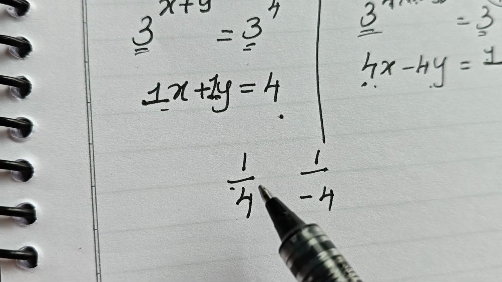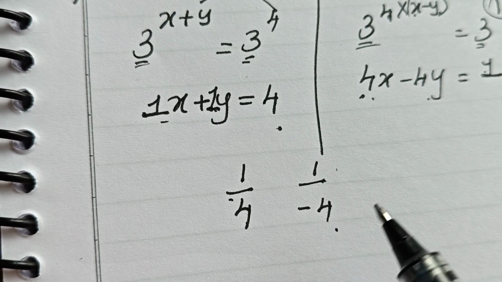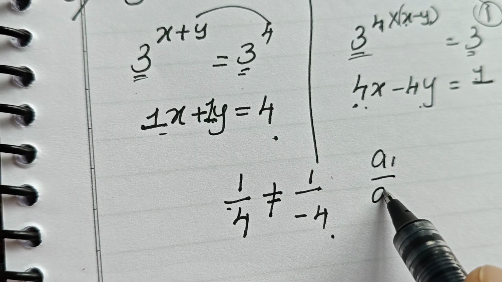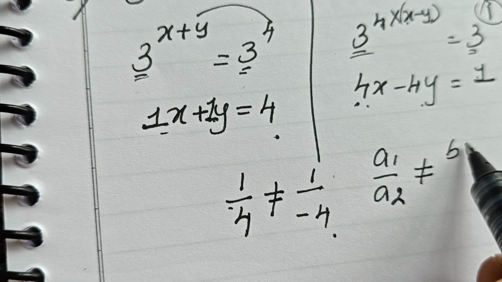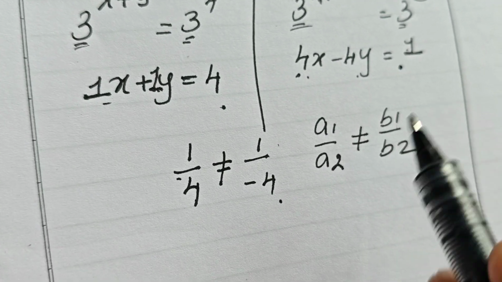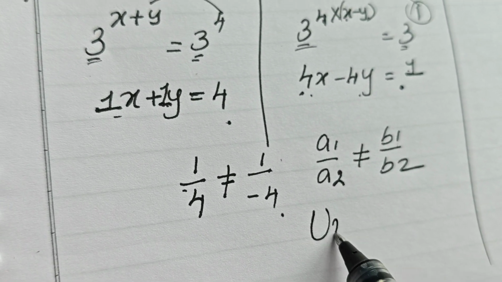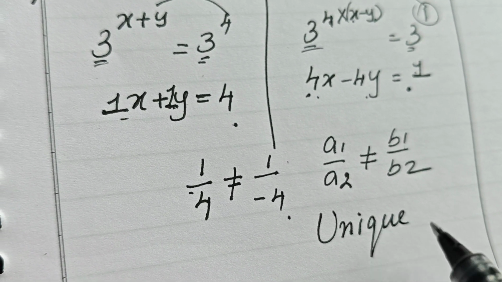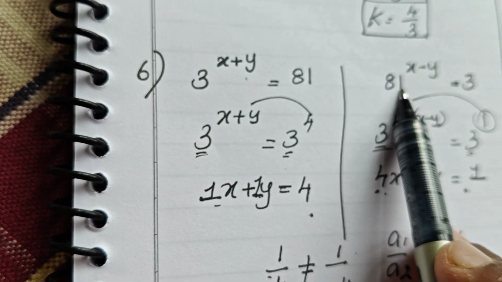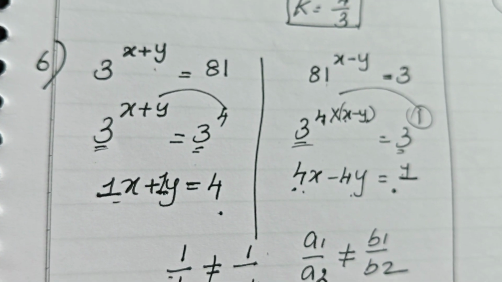Check these fractions. 1 by 4 is not equal to minus 1 by 4. So it is not equal. When a1 by a2 is not equal to b1 by b2, these two equations are intersecting lines which have a unique solution. So these two equations have a unique solution.